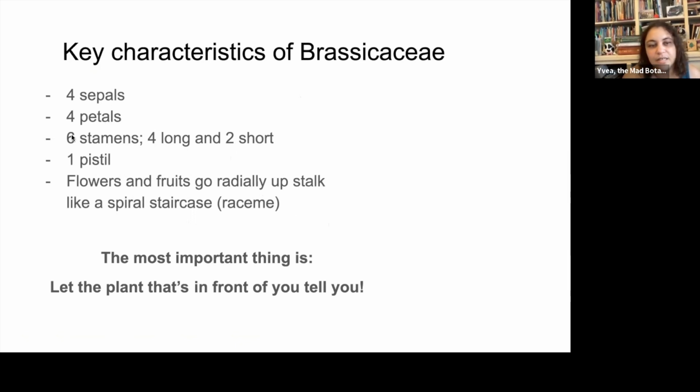And these are the overall patterns, but sometimes plants like to play tricks on us. There might be plants that are in this family, but they don't follow maybe one or some of the trends. And then you just kind of look at the plant and you're like, I see what you're doing, you mischief maker, you. So the important thing is to let the plant that's in front of you tell you.